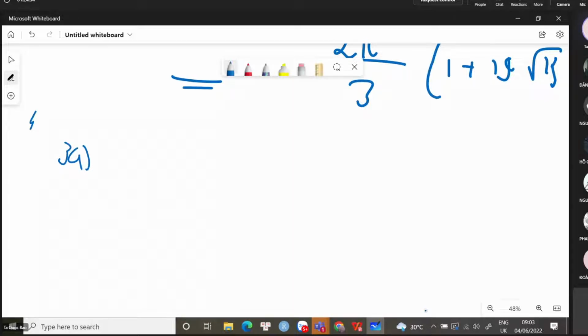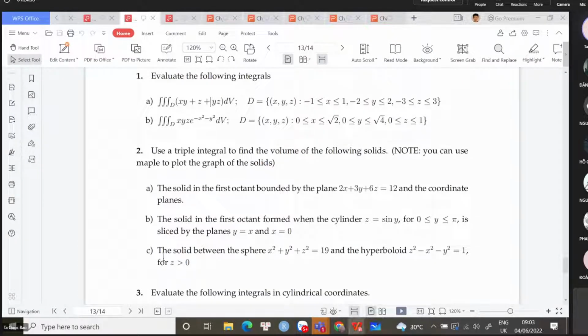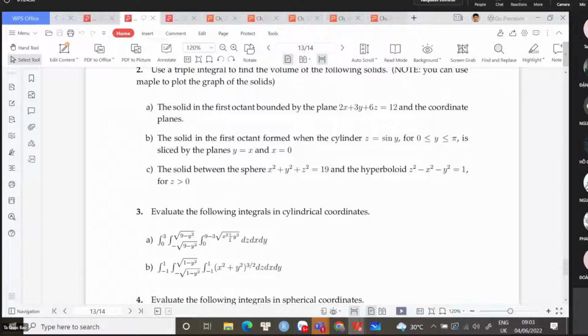So 3A, what is it? Number 3 is the following integral in the cylindrical coordinate. Okay, cylindrical coordinate. So the cylindrical coordinate is it?